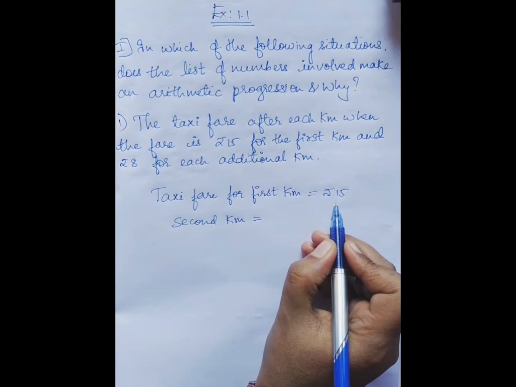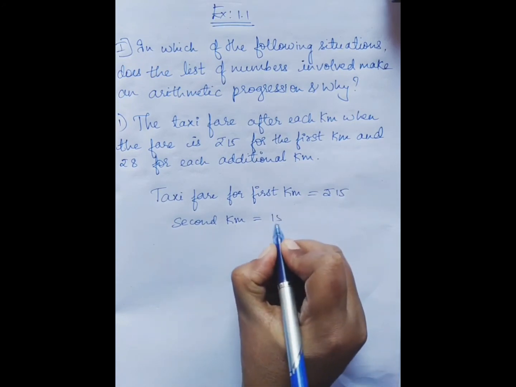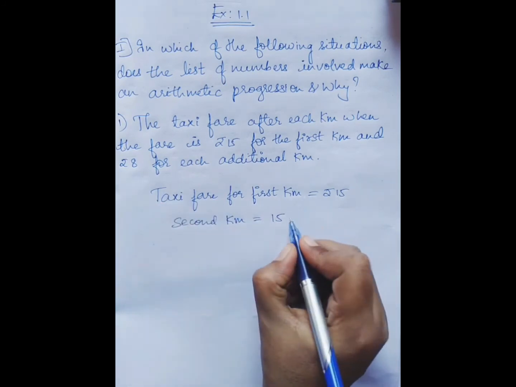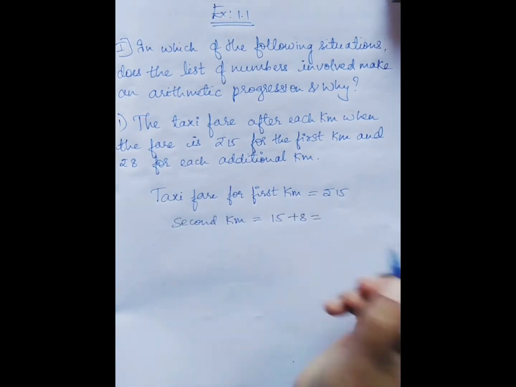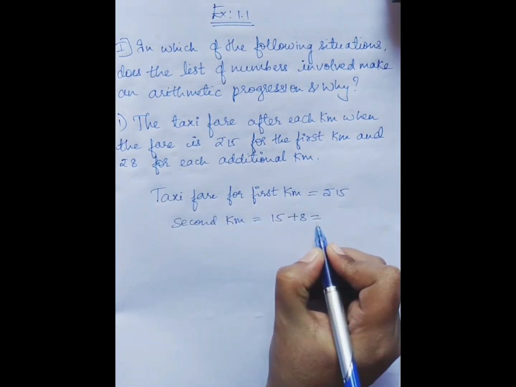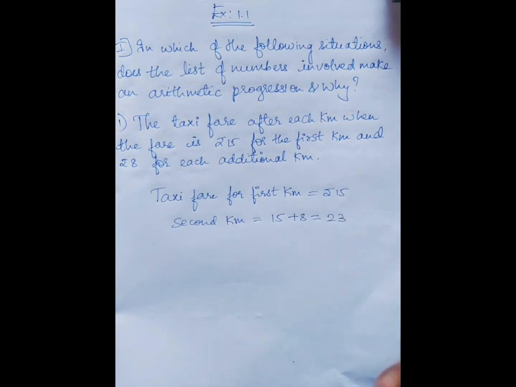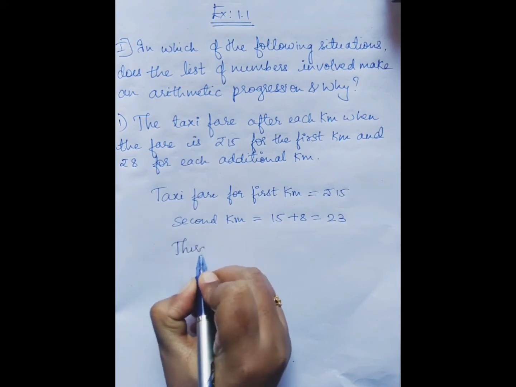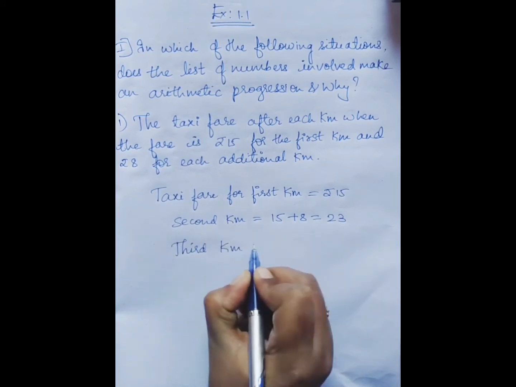See, already for the first kilometer you have paid 15 rupees, and for the next kilometer you are giving 8 rupees extra. So you are going to write it as plus 8. So what is 15 plus 8? It is 23.